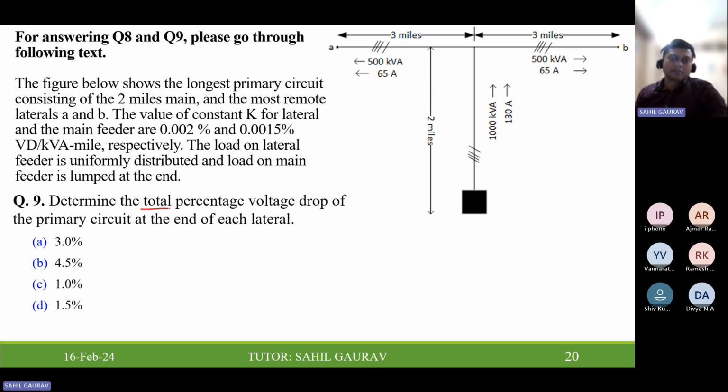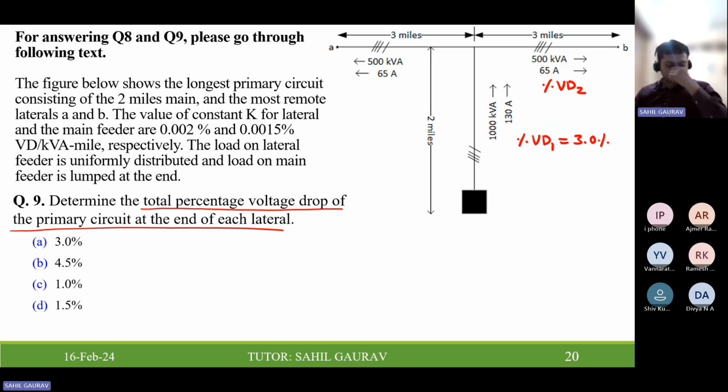So here they are asking about the percentage voltage drop of the primary circuit at the end of each lateral, the total percentage drop. We have found this percentage voltage drop one, which is coming as 3%. Now let us consider percentage voltage drop two for the laterals. So we can write the answer without calculation.